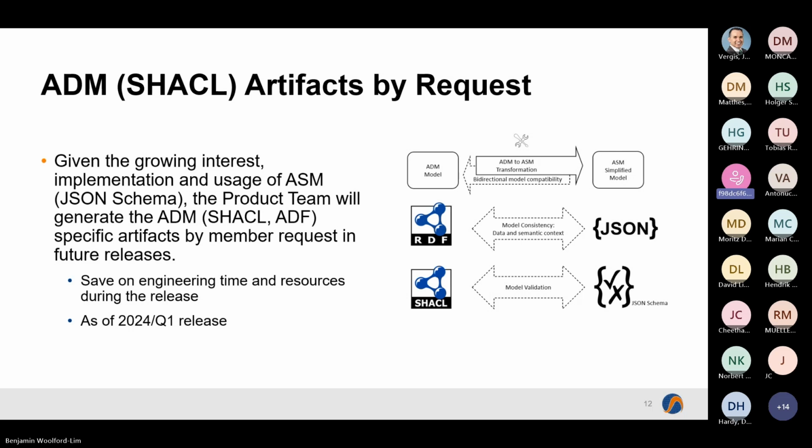Given the significant interest in the simple model, the ASM, and the limited engineering time we have available to work on the artifacts and the sheer growth of demand in that area, it's been determined that shackle and ADF artifacts, which are relatively less used, will be generated by request. So if any of the members require these artifacts, we can generate them, but they won't be pushed as part of the quarterly releases anymore by default, just to save on time.